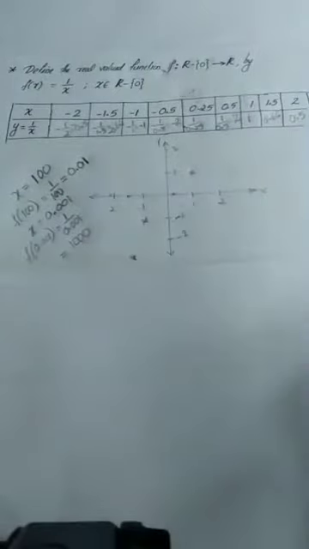Image of -1 is -1. And image of -1.5 is -0.66. So it is here. It is 0.5. Then 0.66 is here.